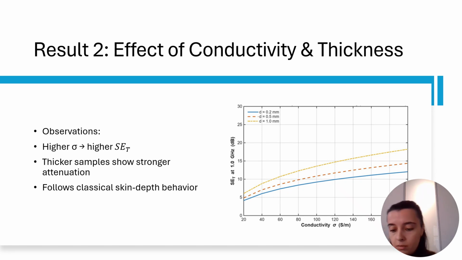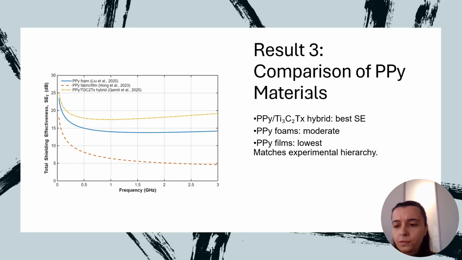We have also compared different polypyrrole-based composites from recent literature. The polypyrrole titanium-based hybrid shows the best performance, while polypyrrole films have substantially lower shielding effectiveness due to their reduced conductivity.